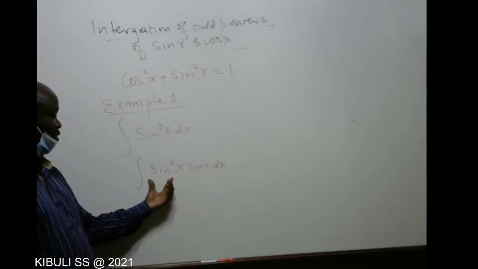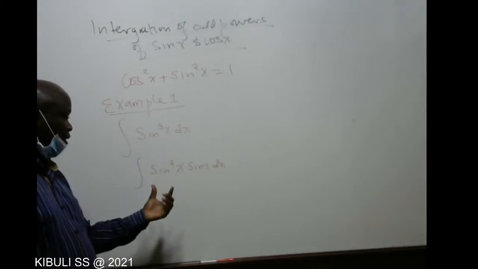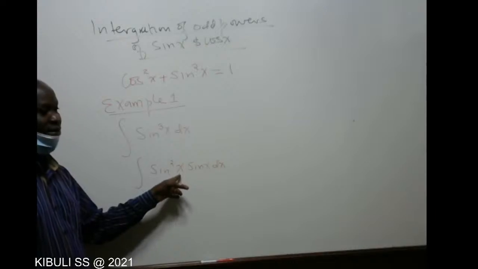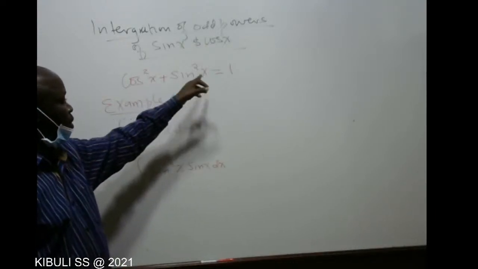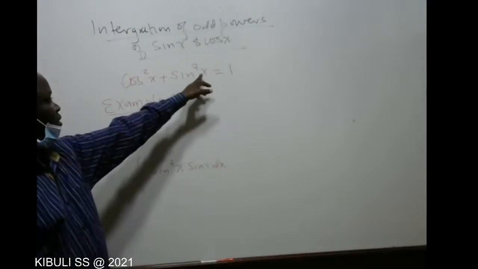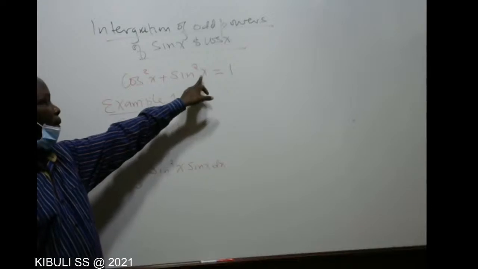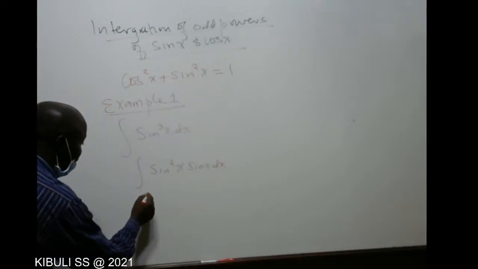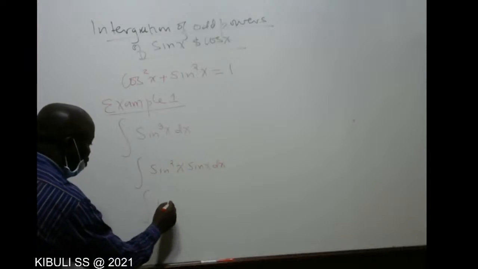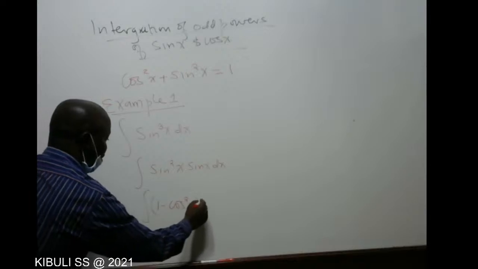Now that I have sine squared x, and Pythagoras is to that power, I can make it the subject from this identity. That gives us 1 minus cos squared x, times sin x.